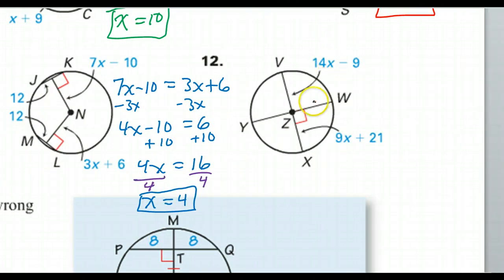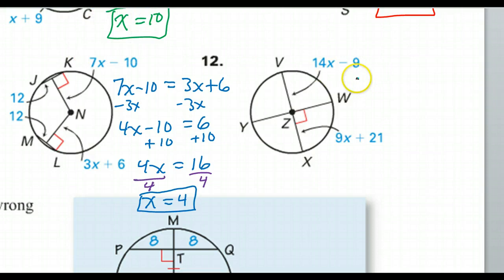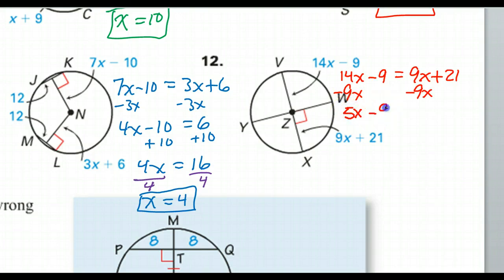Number 12. Well, these are both radii in a circle, so we don't really need a special property for that. Of course, these radii will be equal. So you guessed it, I'm going to set them equal to each other once again. So I will have 14x minus 9 is equal to 9x plus 21. Subtract the 9x. That's going to give me 5x minus 9 is equal to 21.